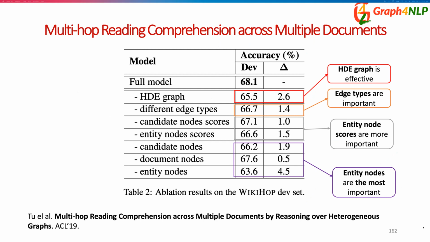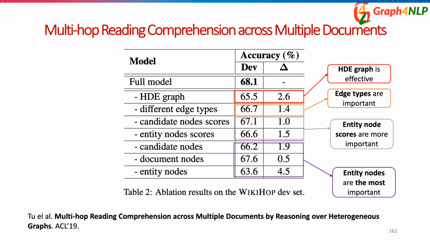And based on the ablation study, we can see the graph itself is very effective. With and without the graph, we can see a pretty evident drop. And the different edge types are also important. If we remove the edge type, we can see a drop.